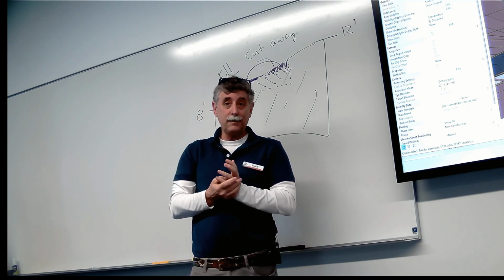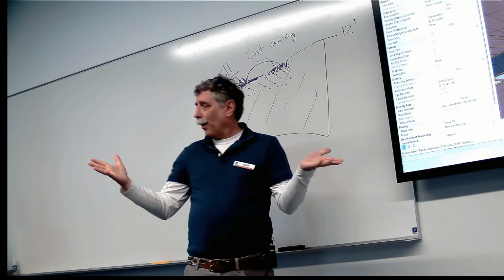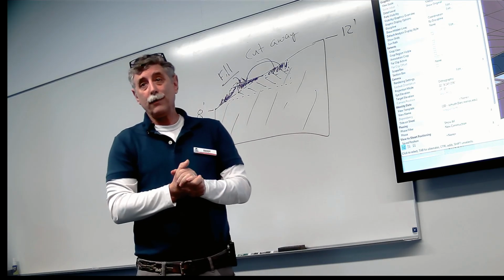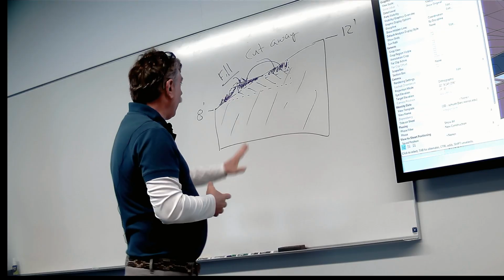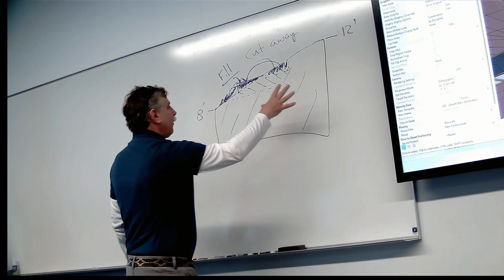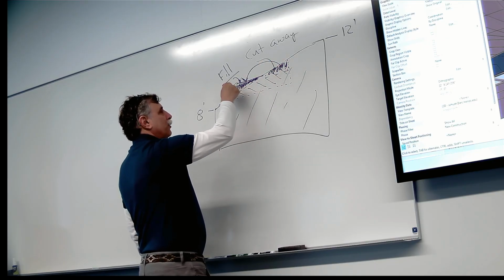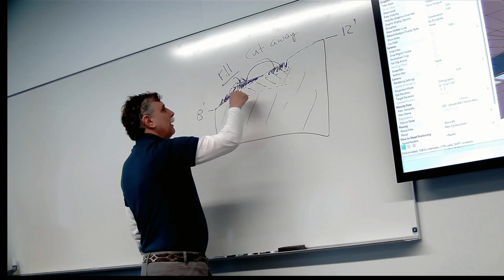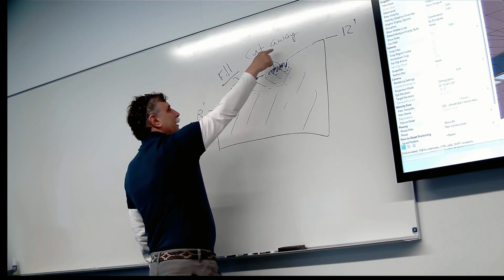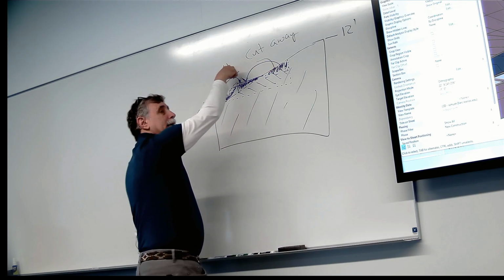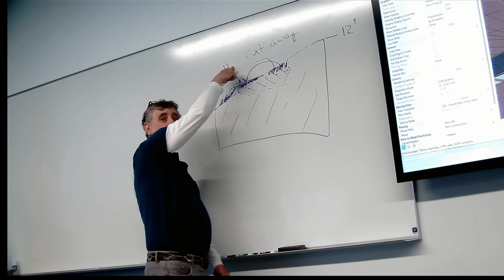So that's what we're going to do. That's the goal of what we're going to do. We're going to figure out how to grade this surface so we have a flat area such that the cut is pretty close equal to the fill. Not exactly, but close enough.